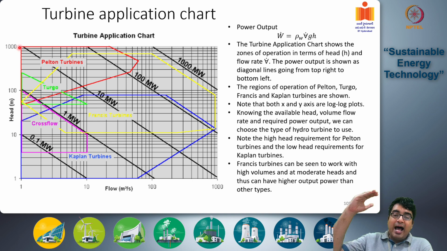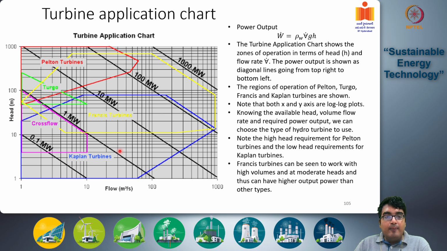Okay, so high head rivers and moderate flows, low flows. So it starts with flows of as low as 1 meter cube per second and goes up to around 30 meter cube per second of flow. Alright. Within this domain, you can choose your Pelton turbine. Okay, it's possible for you to go for a Pelton turbine.